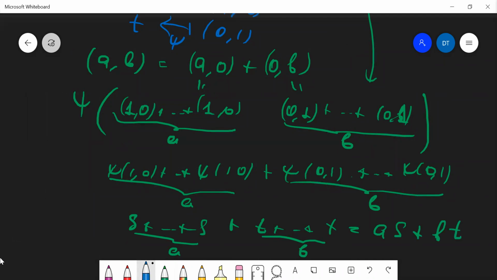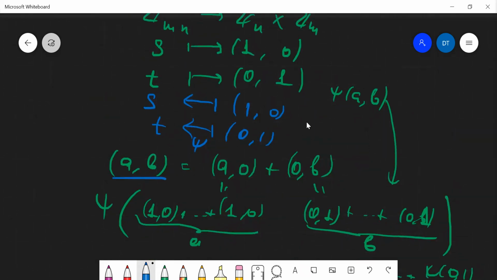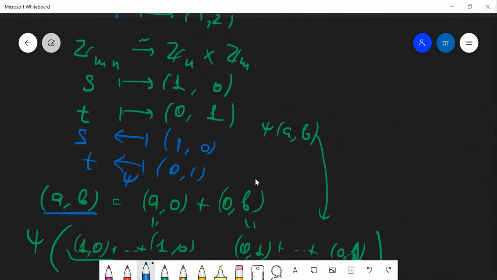So as you can see, this element must go to this one. So if we know these elements S and T, the formula in the opposite direction is given by the rule I want to write down here: (a, b) goes to aS plus bT.